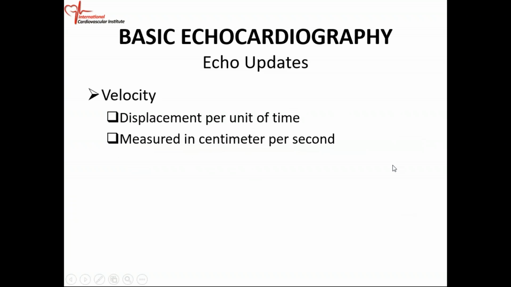All right. Again, when we talk about velocity, these are all vector quantities. So the difference between speed and velocity is velocity is speed with a direction. So it would be displacement per unit time, because remember, displacement is movement in a specific direction, or distance traveled in a specific direction.